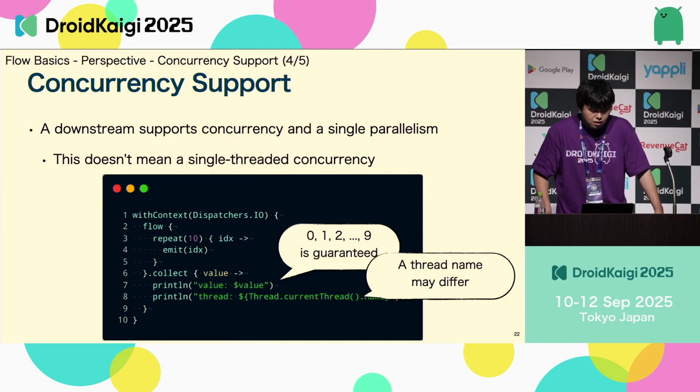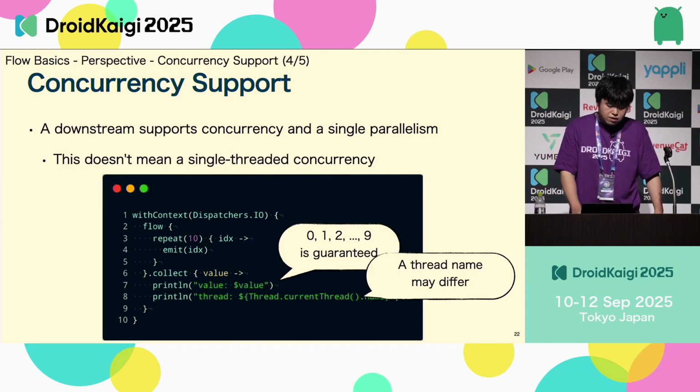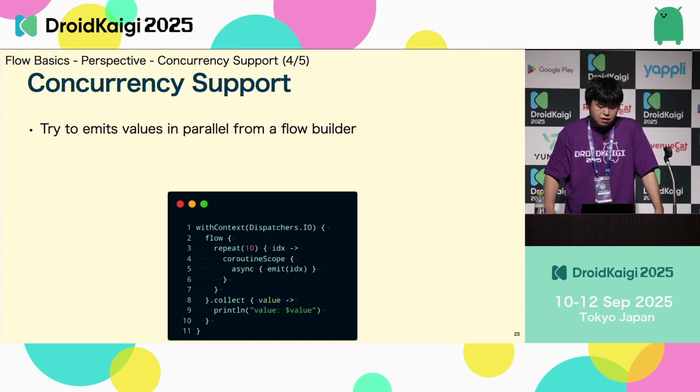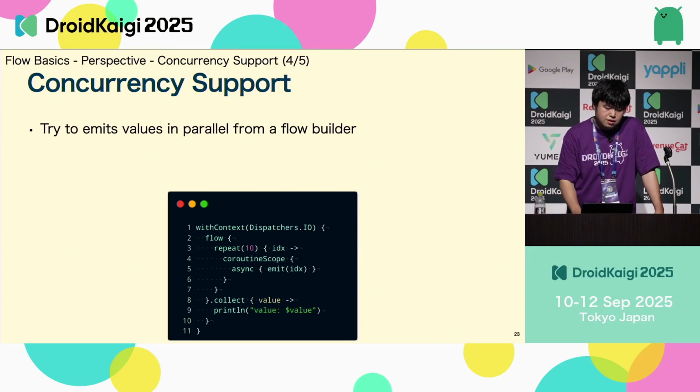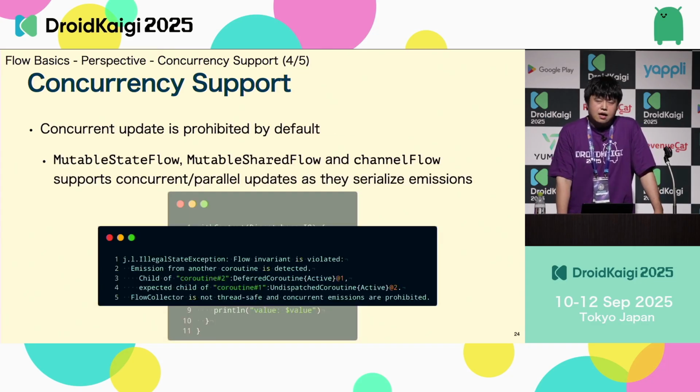Okay, so then how about the upstream? If an upstream flow runs async jobs to emit values like this example, an error will be thrown. Concurrent update is prohibited by default.